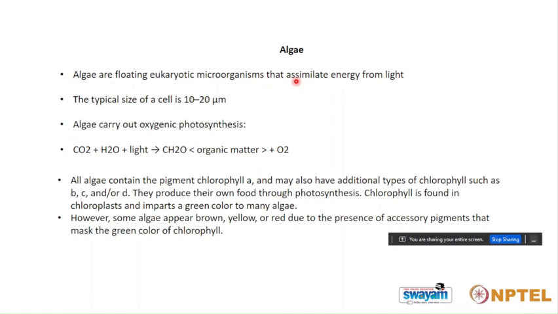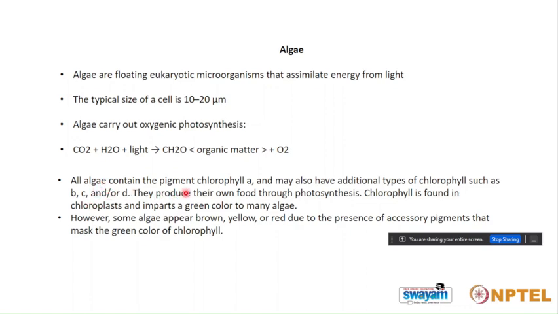As we discussed, these algae carry out oxygenic photosynthesis, which means oxygen is involved in the photosynthesis, and based on the pigmentation, the algae can be classified.